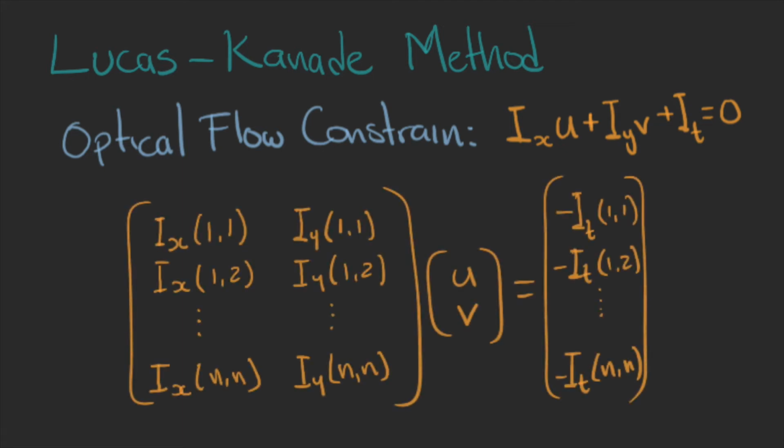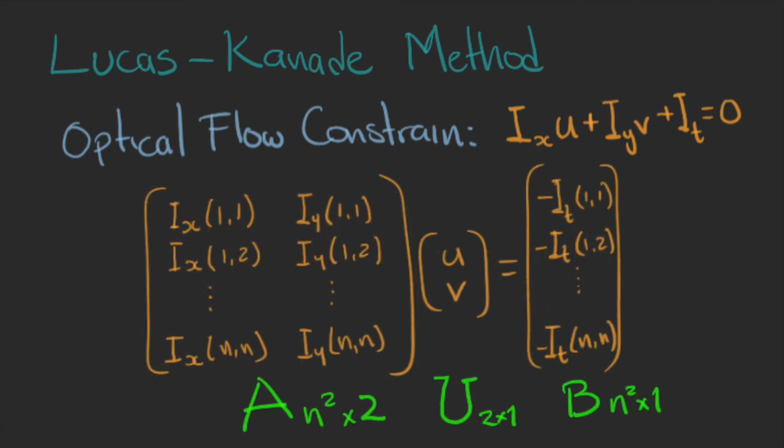Here, we are just moving the derivative of time to the other side of the equation, and we end up with a matrix A that is formed by the points within the window. So if the window is size n by n, then A is n squared by 2. Then we have the vector U, V, and all of this is equal to b that contains the time derivatives, which should be n squared by 1.